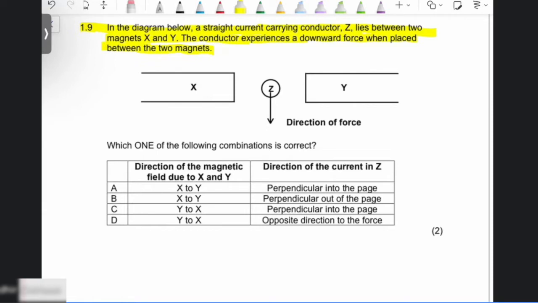The direction here is downwards, so it's like the thrust or your thumb that is going downwards. Let me give you guys a moment to think about it using your hands and decide whether it's the left hand or right hand, and see what you come up with, eh?